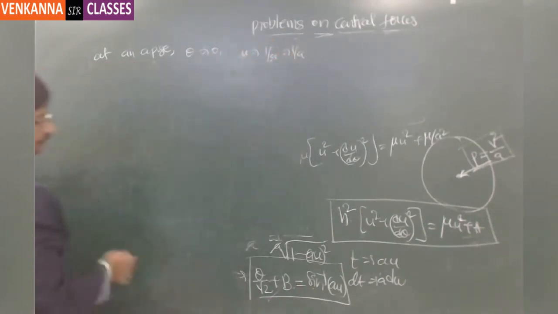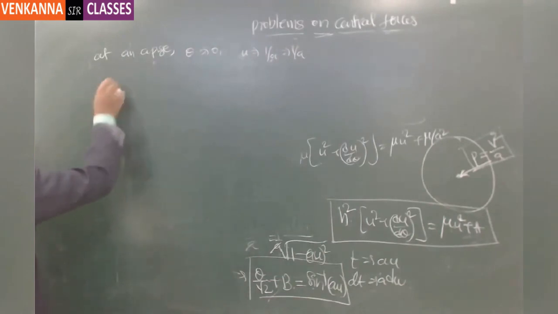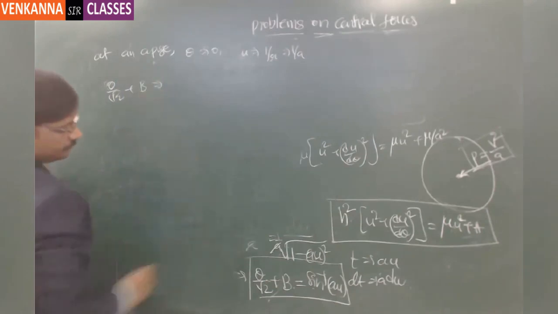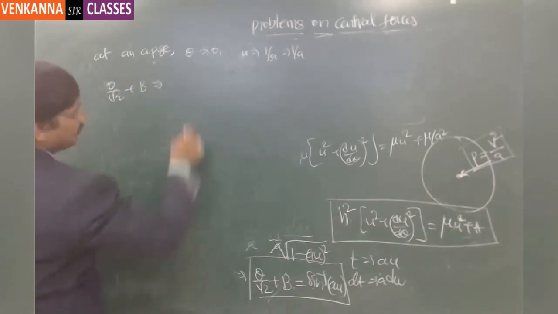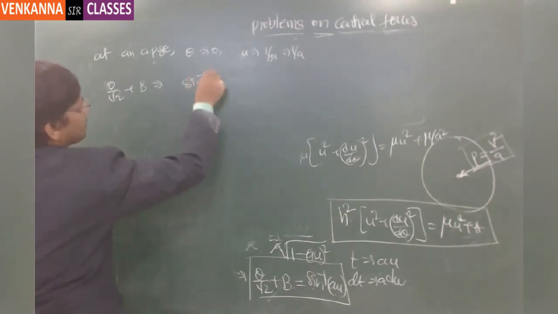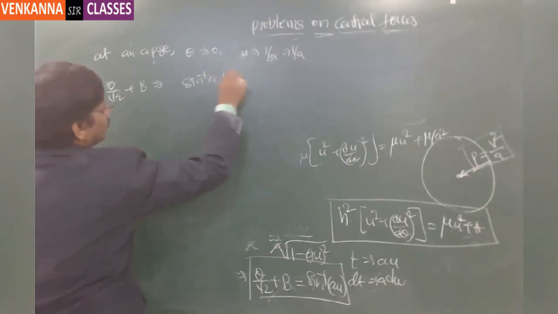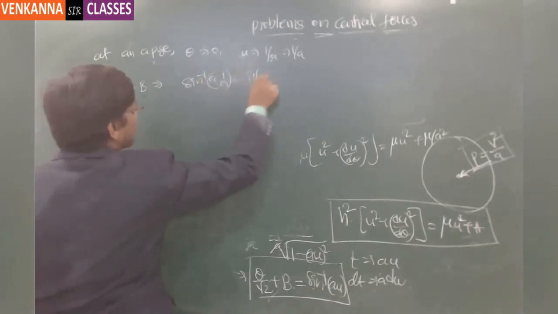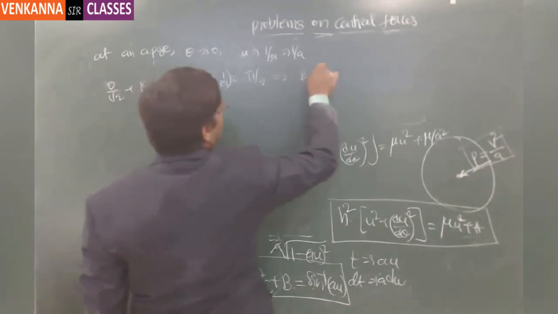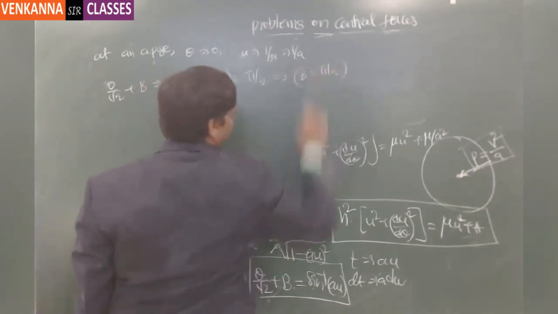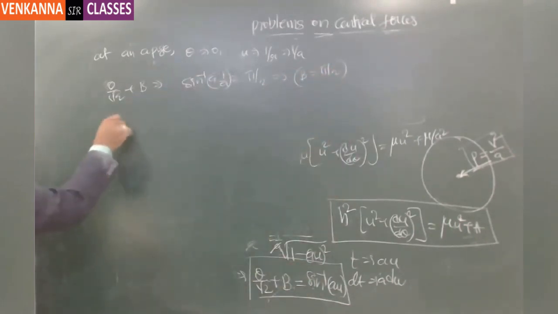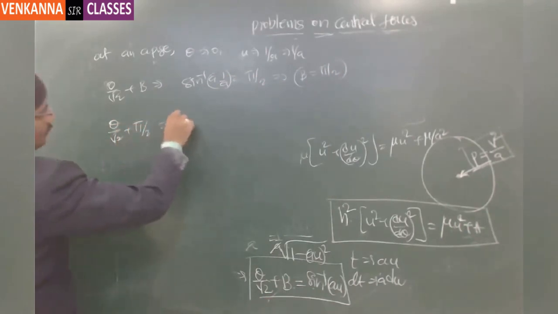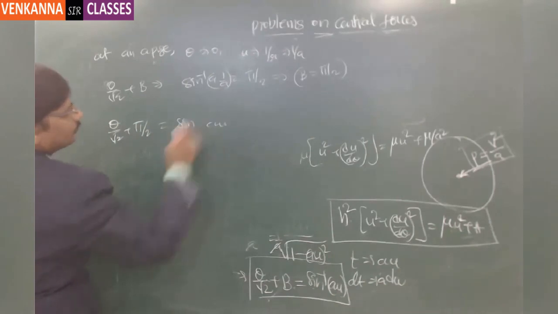So 0 by root 2 plus b is equal to sin inverse of a into 1 by a. So this is going to be pi by 2. So it implies b equal to pi by 2. If b equal to pi by 2, theta by root 2 plus pi by 2 equal to sin inverse of au.